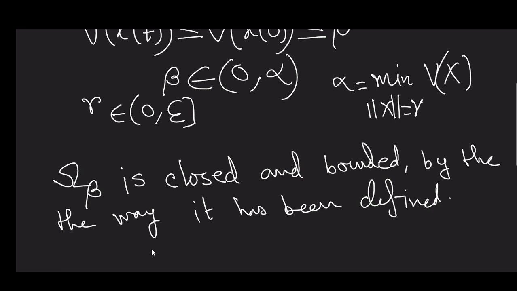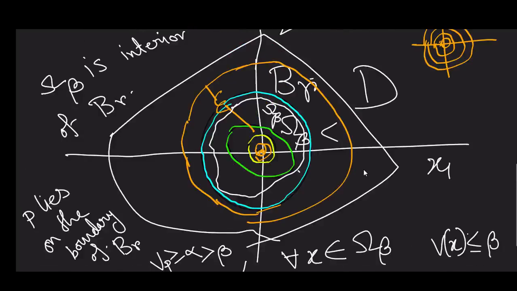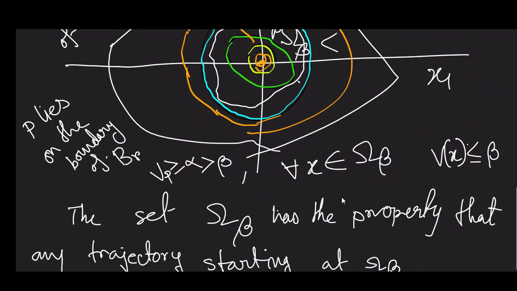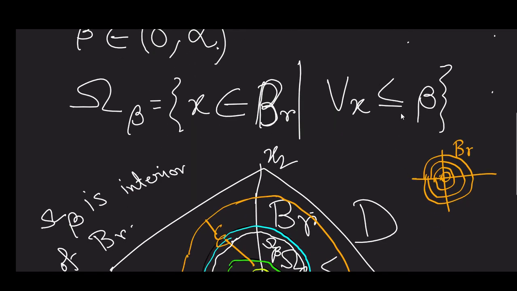If you are not sure why omega beta is closed and bounded, let me tell you what defines your omega beta. Your omega beta is the set of all x with V(x) less than or equal to beta.